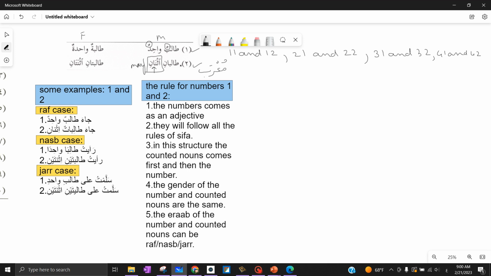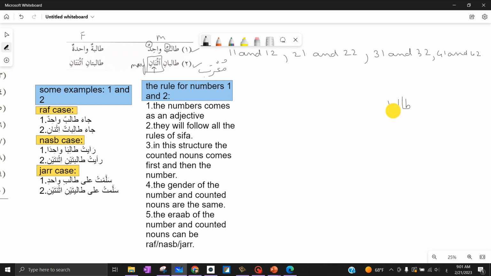If you remember all the rules of muthanna, what are the rules of muthanna in case of marfu? How will we know if a noun is in marfu case? In this muthanna case, we don't see it from the harakas. We don't put the fatha or the dhamma or the kasra if it is in marfu or mansub or majrur case. We just put, if a noun is in marfu, like in this case taliban.